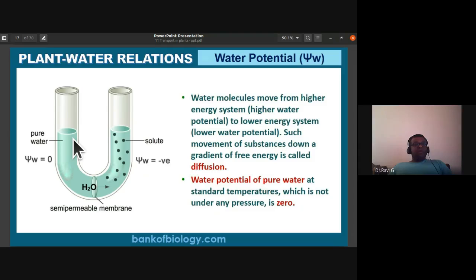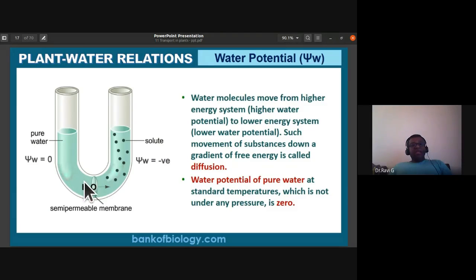So the water potential of pure water at standard temperature and standard pressure is 0.